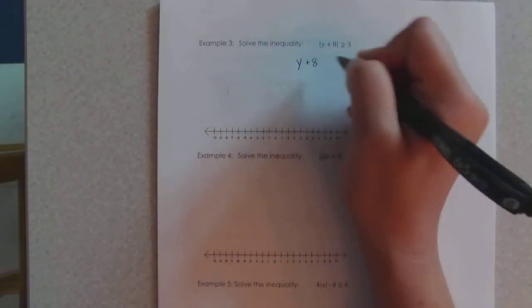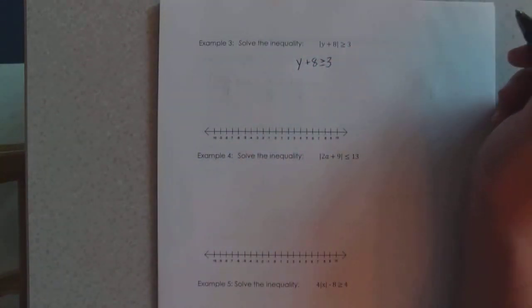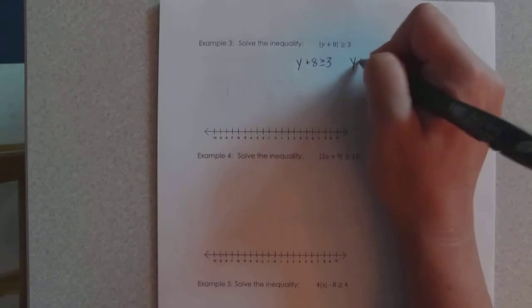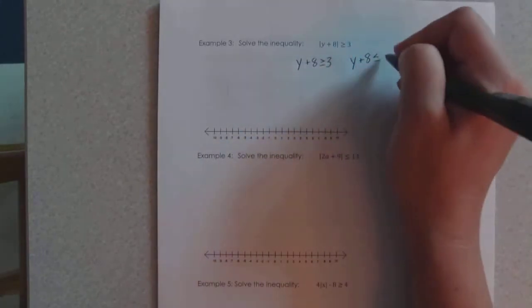Now let's go to number 3. Now I have an inequality. Okay? Again, the concept is the same. To get rid of the bars, I have to make two inequalities. Well, one of them just stays exactly the same. So y plus 8 greater than or equal to 3. The other one, we still have our y plus 8, but we have to flip the sign.